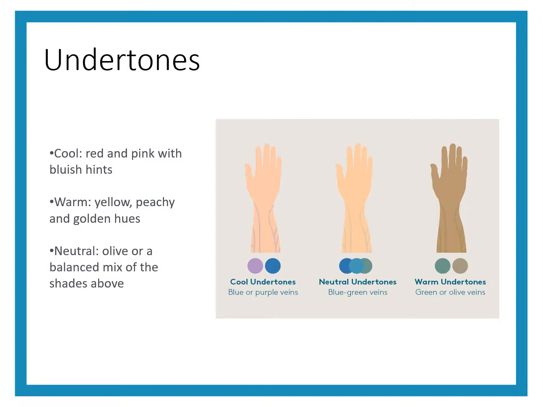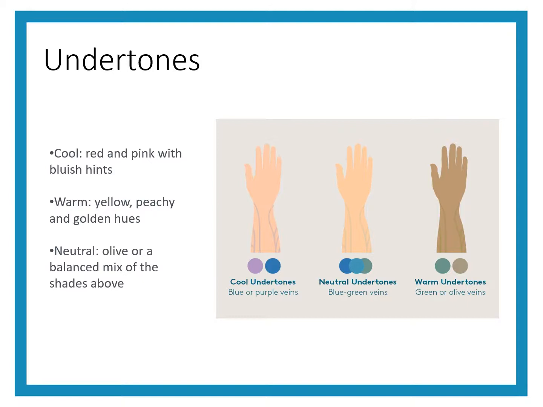If you have warm undertones, yellows or peaches or golden colors tend to go better with your skin type. If you have neutral skin, you can get away with a balanced mix of the cool and warm, the shades that are able to be worn by both cool and warm undertones.